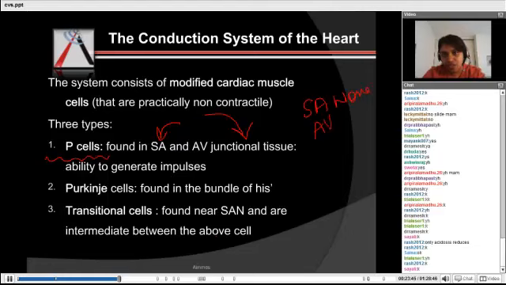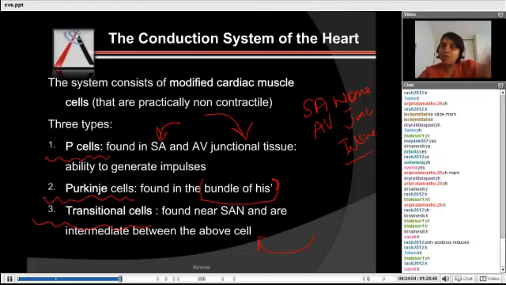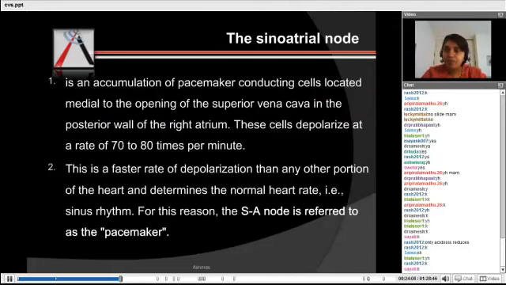Then we have Purkinje cells, which are found in the bundle of His. And then we have transitional cells, which are found near the SA node and are intermediate between the above two types. As we go on further you will be able to understand it better.